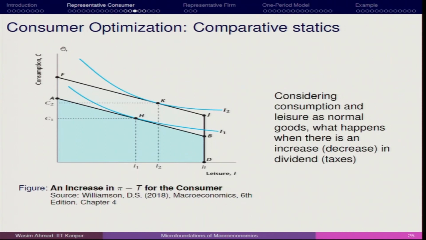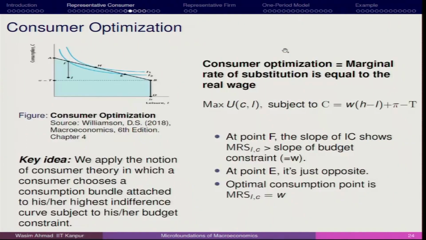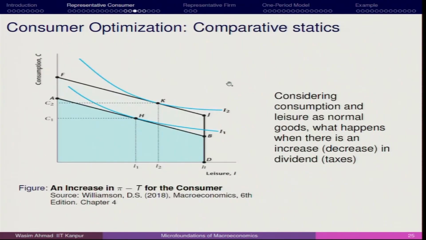Now here we have the comparative statics that I had mentioned. Once we have worked out the consumer optimization, we saw that point H became the natural choice for the consumer. Now what happens when we have different types of comparative statics?